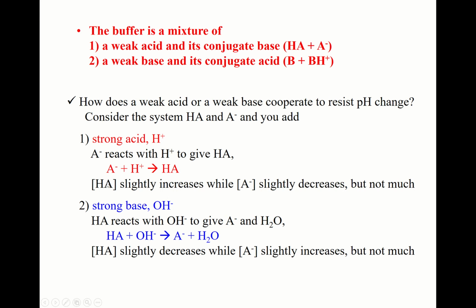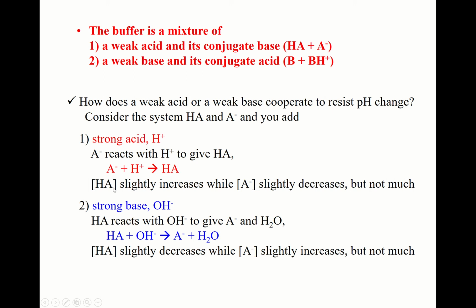When H plus, a strong acid, is added to the buffer solution, since A minus is a weak base, this anion reacts with the strong acid, and as a result weak acid is produced.